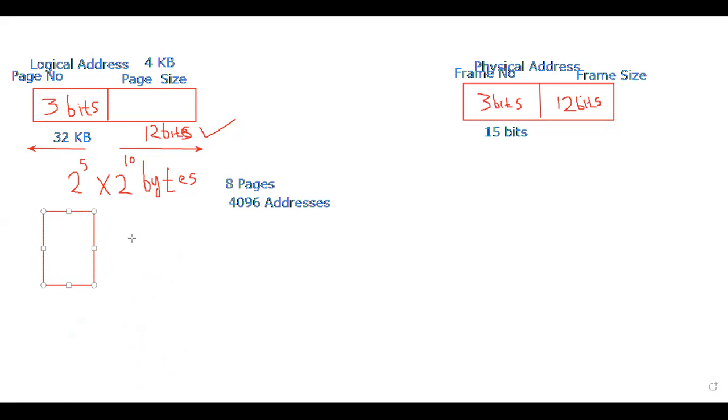I'm drawing only 3 now: first page, second page, third page. The first page has addresses from 0 to 4095, as mentioned in the question.